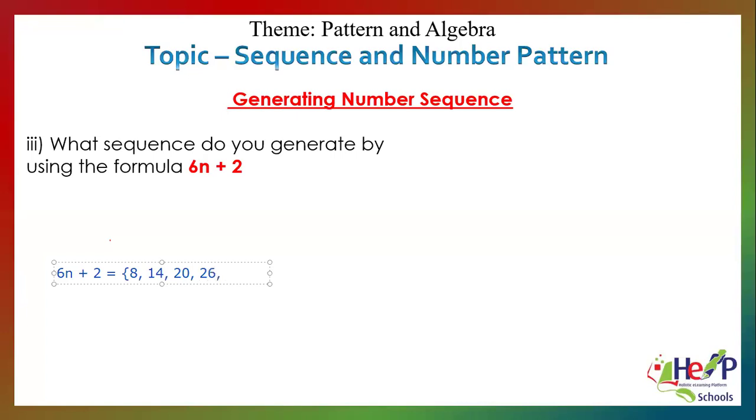Then the next one is 32. The next one, we want 7 of them. 38. Then 44.